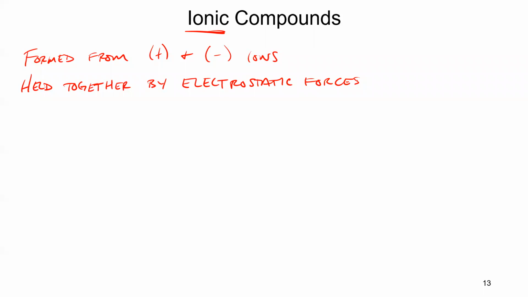Again, for ionic compounds, we're going to give that empirical formula. And the reason we do that is ionic compounds are usually these huge aggregations of ions.